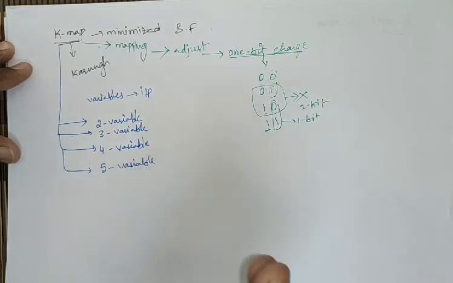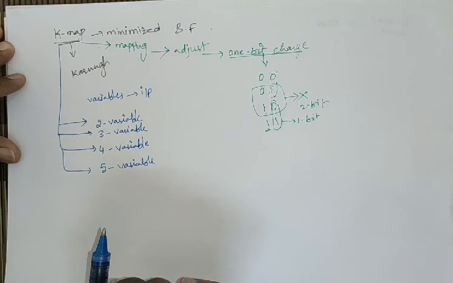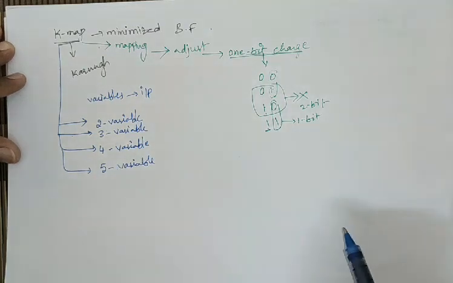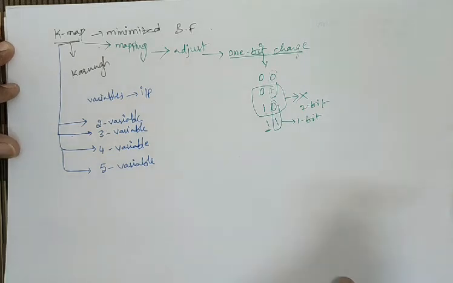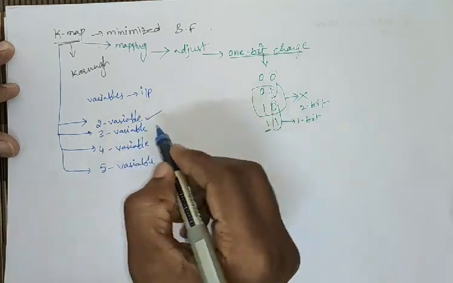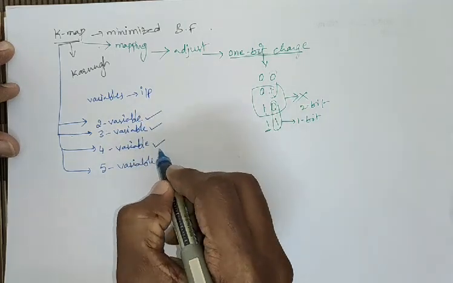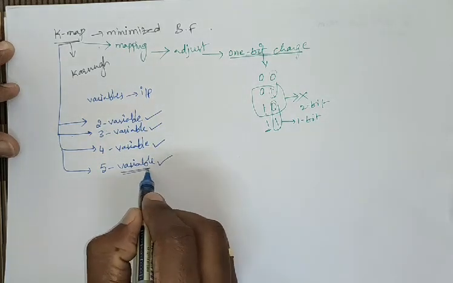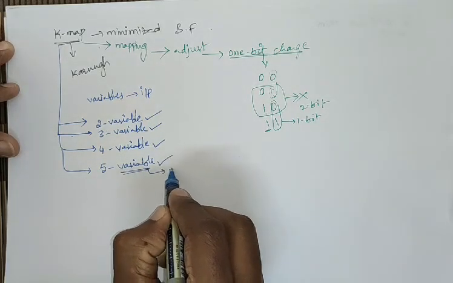Up to 5 variables is in our syllabus. After that, we can use another method, the Quine-McCluskey method or tabular method. So for more than 5 variables, we use the tabular method. Now we'll discuss how to map the terms using 2, 3, 4 and 5 variables, where variables represent the number of inputs.